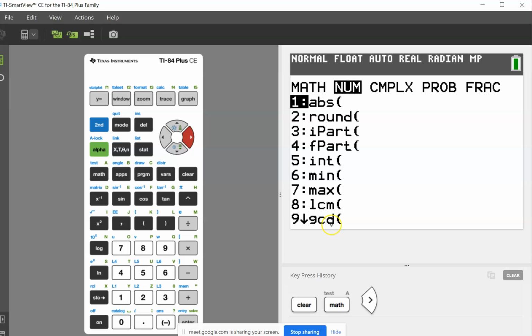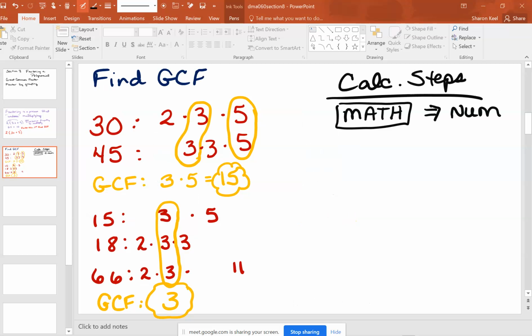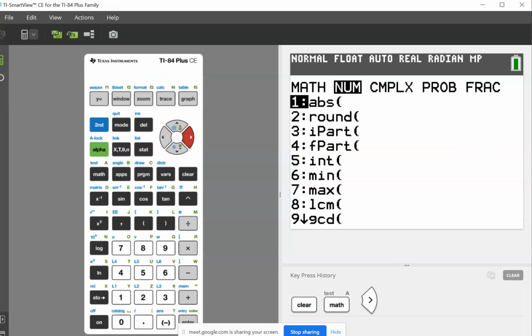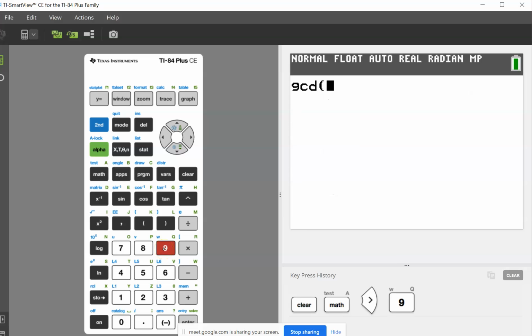We would use the word factor. I honestly do not know what the D is representing. Maybe it's a Latin term for factor in Latin, I'm not sure. But we're going to choose number 9. So number 9, the one that has GCD, is the one that we're going to choose, okay? So we press number 9.